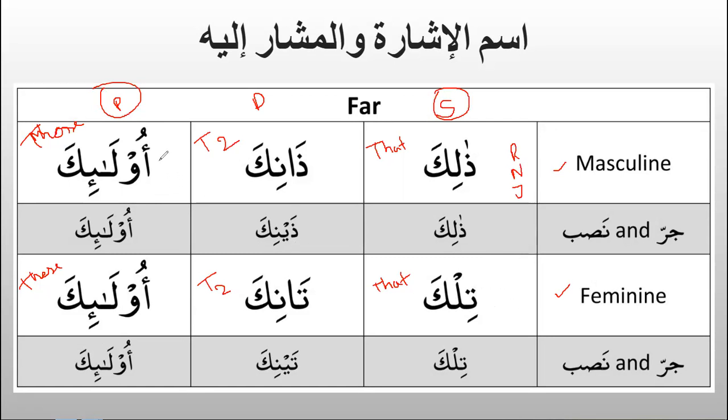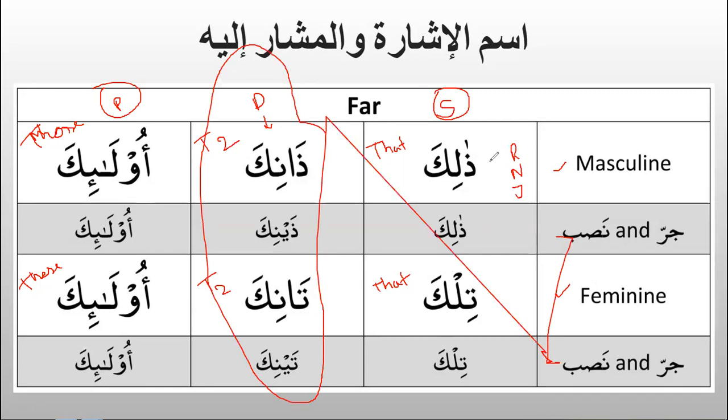The dual is different: dhanika becomes dhainika and tanika becomes tainika in nasab and jar. So you have to memorize these two words only for nasab and jar; the rest are non-flexible, always the same in rafa, nasab, and jar.